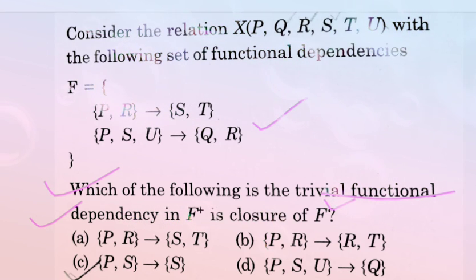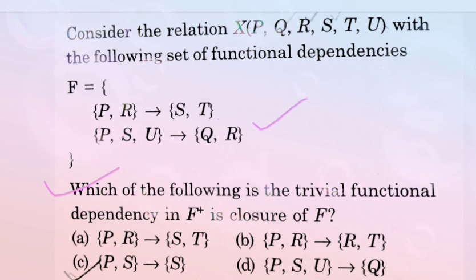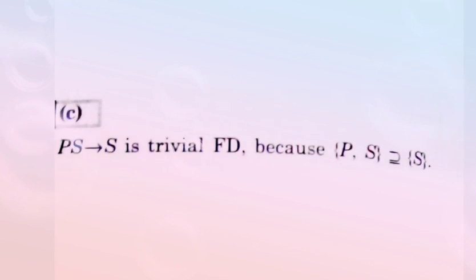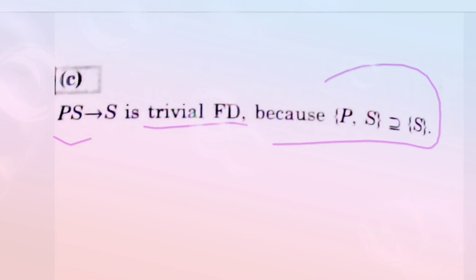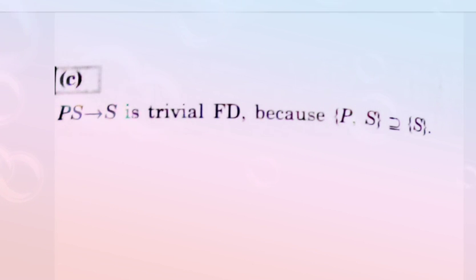There are four options A, B, C and D, and the correct option is C, PS to S. Now the solution: PS to S is a trivial functional dependency, because S is a subset of PS. So option C is the correct answer.